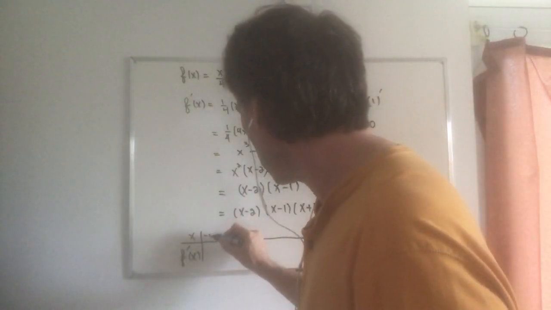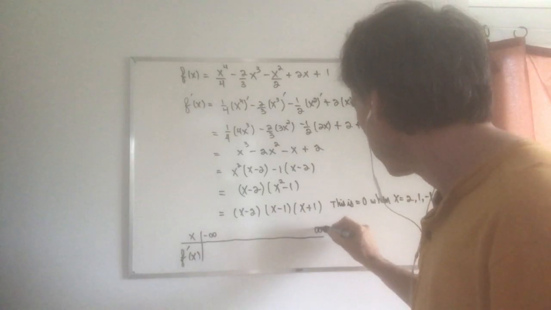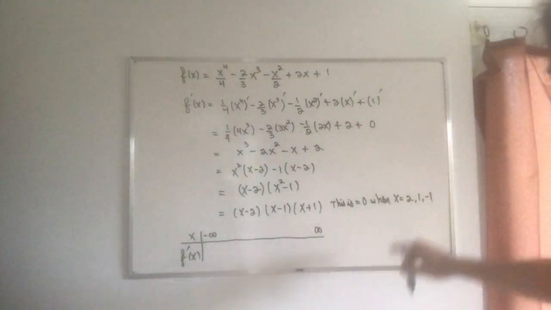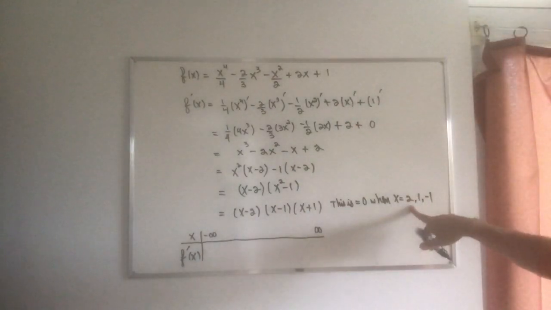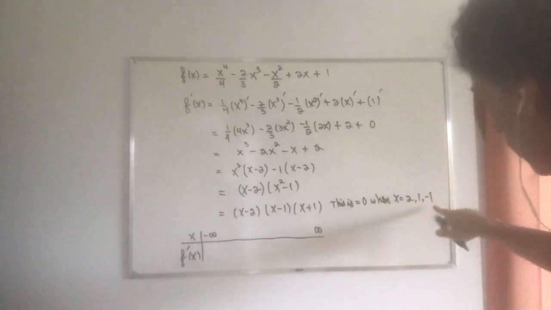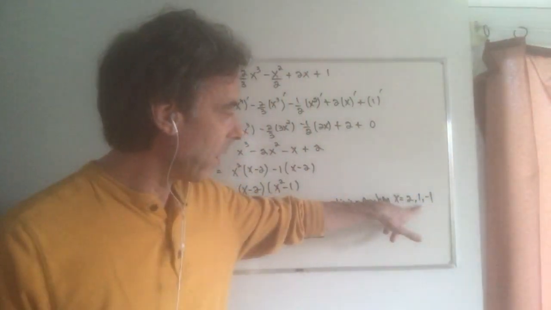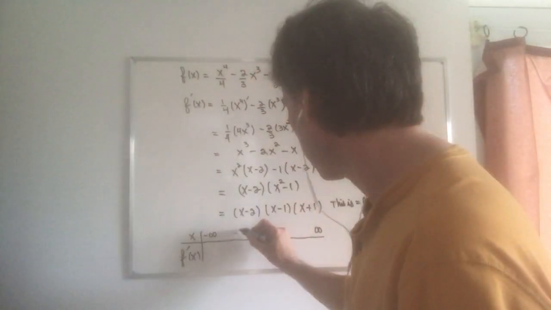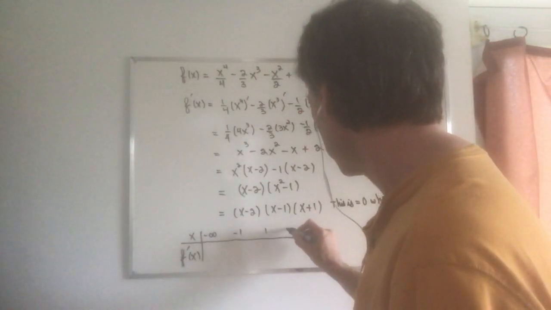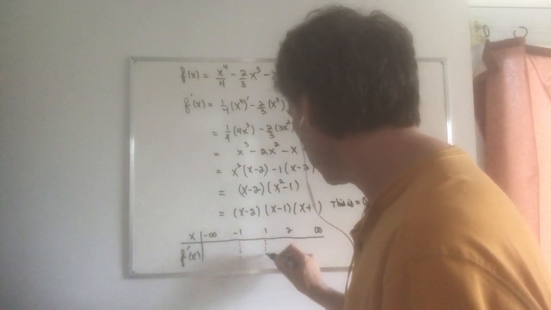So let us go from minus infinity to infinity, and let us put those guys there in order from least to largest. So the smallest one is clearly minus 1, and then 1, and then 2. Let us subdivide this into intervals.